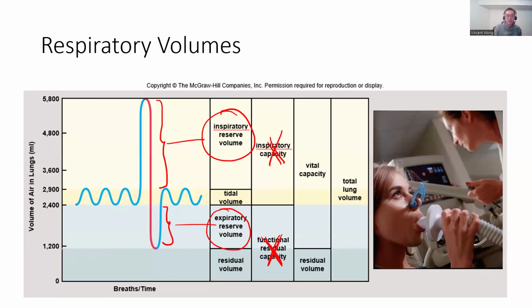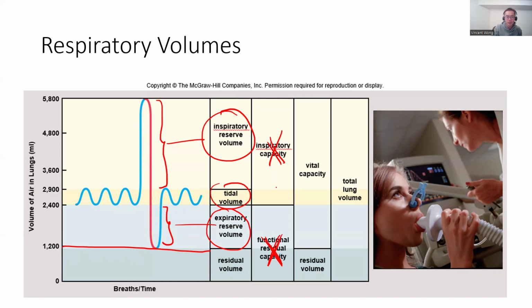Now, if you exhale as much as you can, all the way out, then you are at this point. From that point, if you breathe in all the way until you cannot breathe in anymore, then you have basically gone through the expiratory reserve volume, tidal volume, and inspiratory reserve volume.